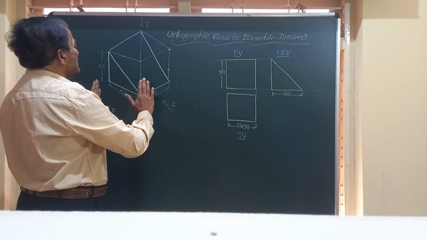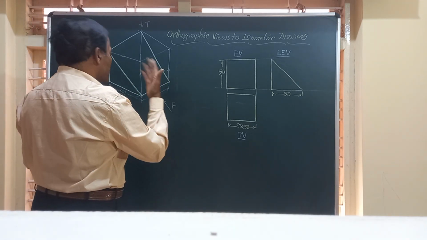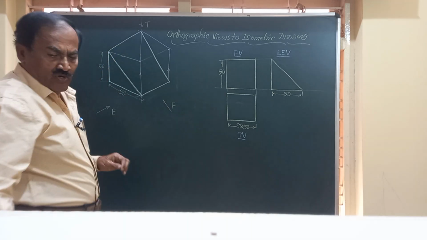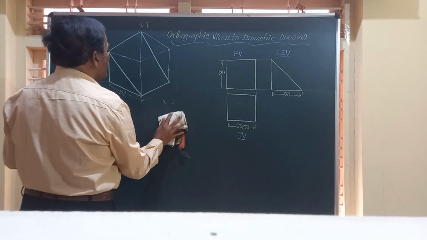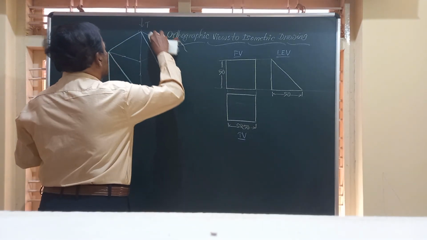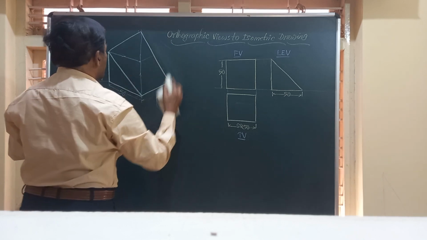And to make it a little more meaningful, so that you will be able to visualize this, I am going to remove all these construction lines one by one so that you will have a better picture or better visualization of this solid. This is how it looks, friends.